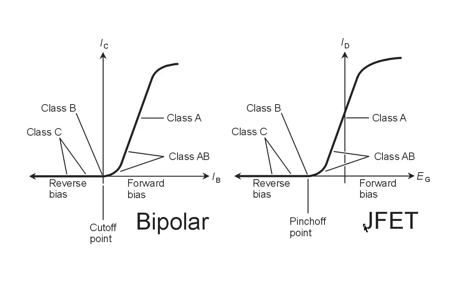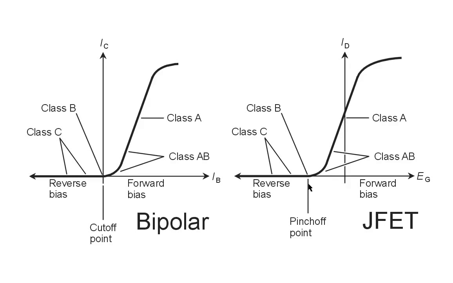In a junction field effect transistor, the situation is quite a bit different. We have the gate voltage, and here we have the drain current. The gate is the analog of the base, and the drain is the analog of the collector, but although the characteristic curve is similar in shape, the bias points are different.